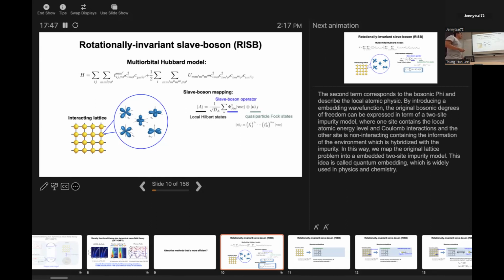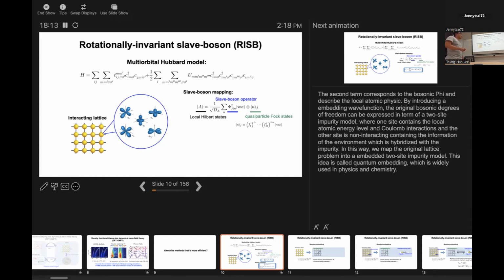The idea of this particular Slave-Boson is based on a mapping. For example, we focus on the local Hilbert space of an atom, which we call A. Then we map this local Hilbert space of one atom into a product of boson states, described by this bosonic operator phi acting on the vacuum.